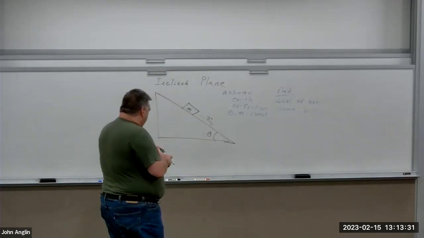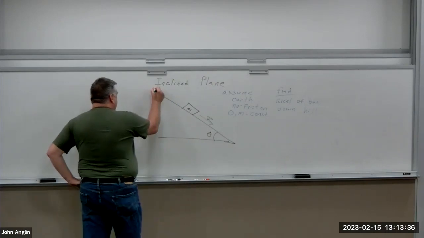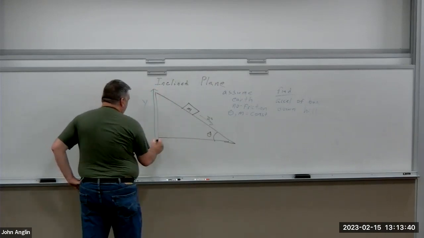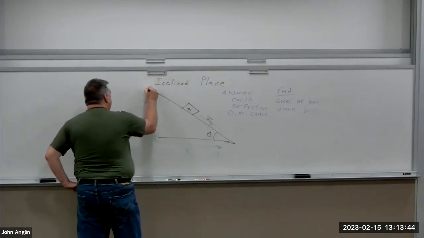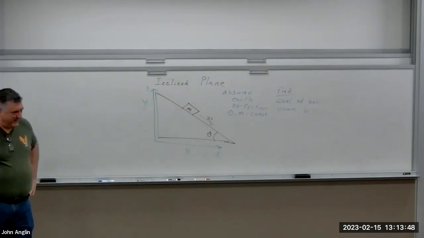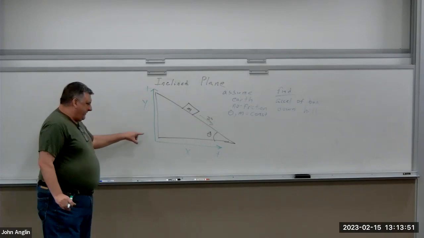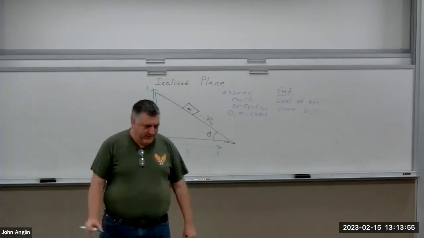Now, the reason I emphasize this is because you may be tempted to say, this is positive y, and this is positive x. Don't do that. If you do this, this is going to cause you pain. It's going to cause you more pain than you need on this problem.